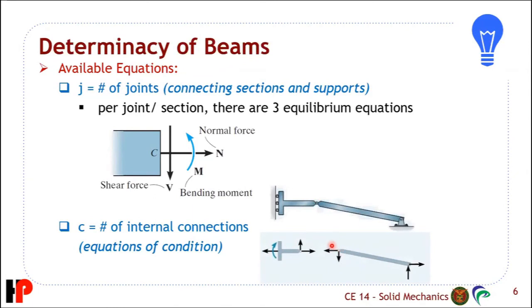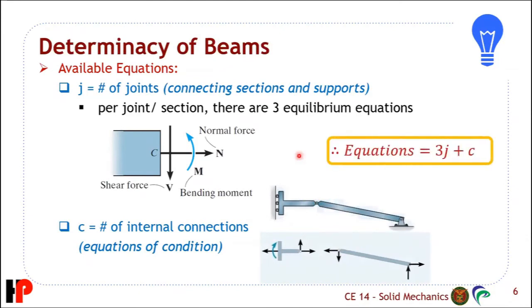So that's an extra equilibrium equation. So yung technical term niya is equations of condition. So C here is just basically the number of hinges. So per hinge, you have one extra equation. So your total number of equations would be 3J plus C. So 3 times the number of joints plus how many hinges are there. So for beams, you have 3J plus C equations.